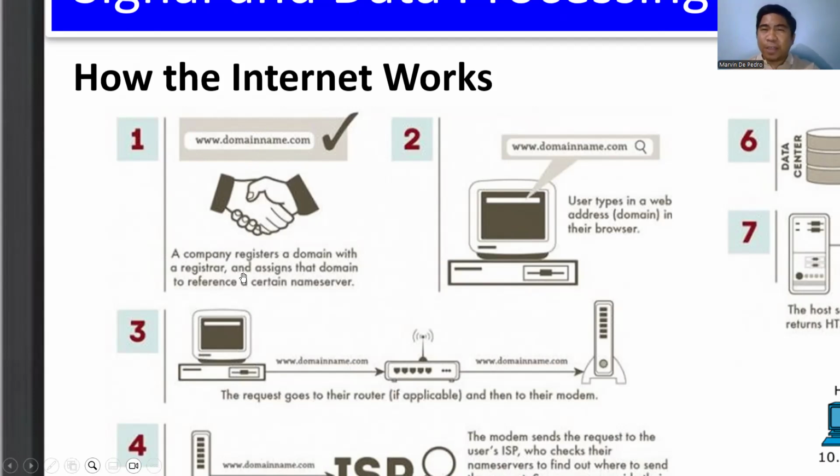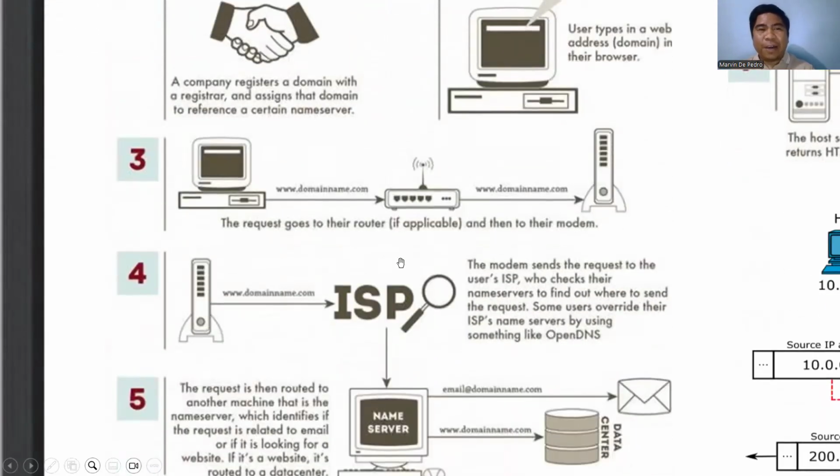Usually what we have is the domain name provided by the platform that we use. So we type that, and then what the network will do is determine the corresponding IP address for that domain name. Like google.com, it has a corresponding IP address. So it will be converted.